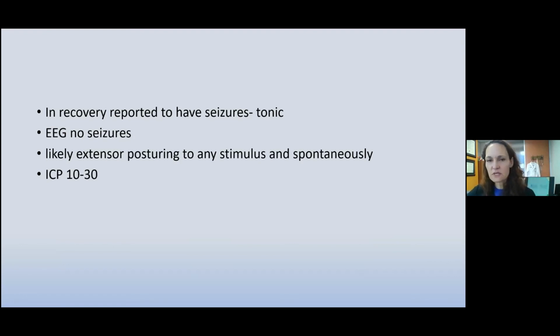An EVD was placed and ICPs went up to 30 with these events. So he had a pretty significant brain injury, both clinically and image-wise. You know, he had his age going for him. Pupils got better after the decompression.